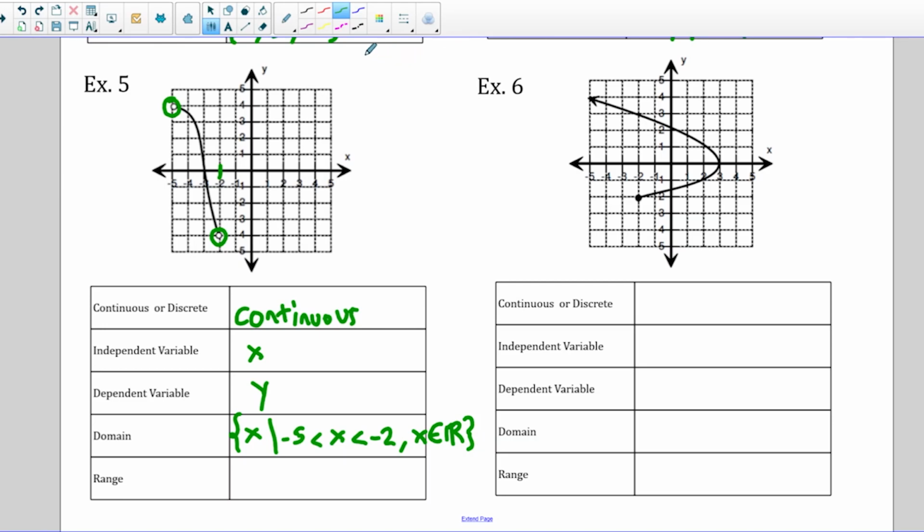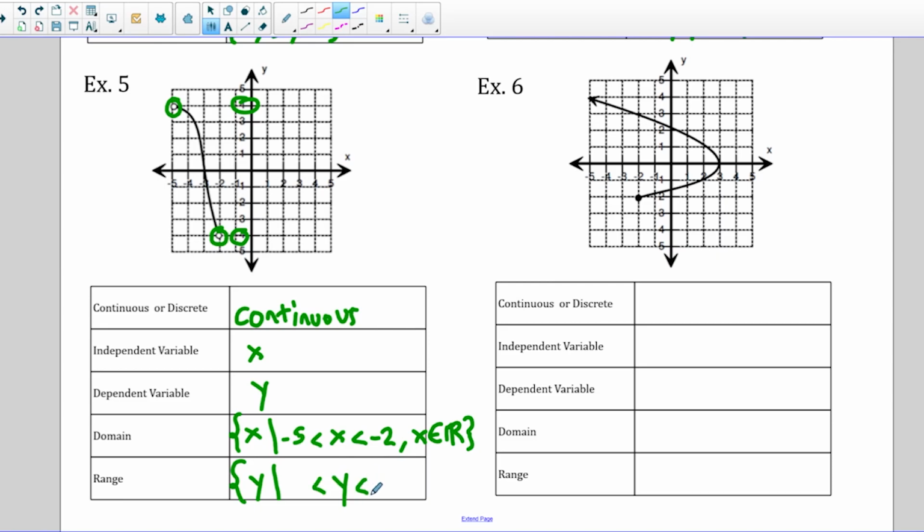If we take a look at the range now, we can see our lowest value of y is going to be down here at -4, and it corresponds with that point there. And our highest value of y is this +4, which corresponds with this point here. So again, we're going to start off with the set of all y values such that your y goes in the middle.